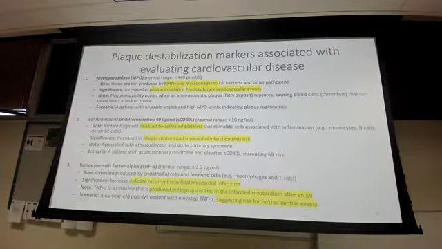Okay? And this can be produced in large quantities. So this is also an important slide. Okay? So know the MPO, the sCD40L, and that tumor necrosis factor alpha. All right? I'm not going to spell it out, so just know the actual symbol itself or the abbreviation.